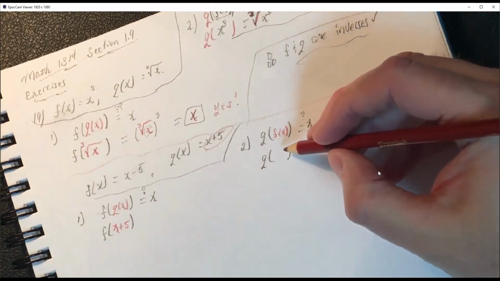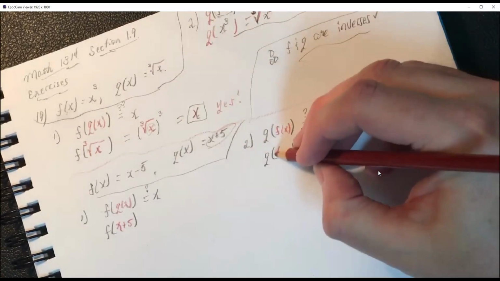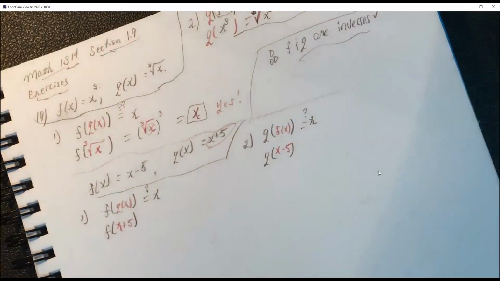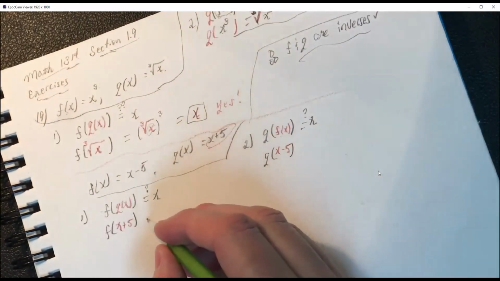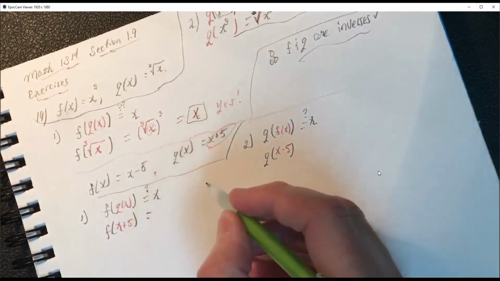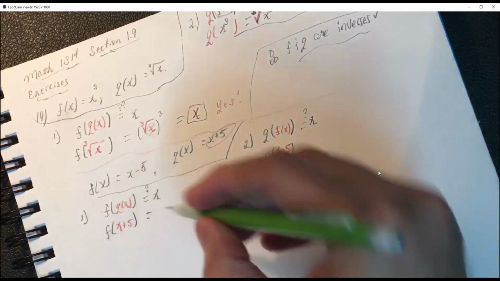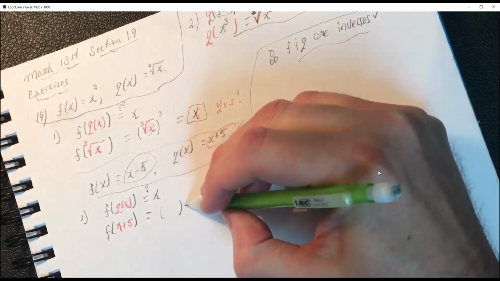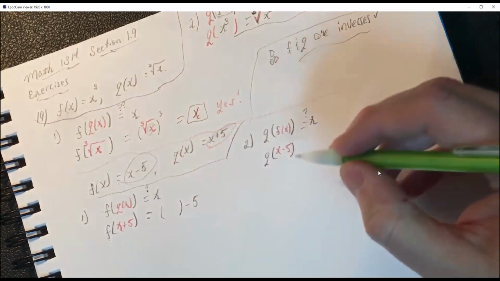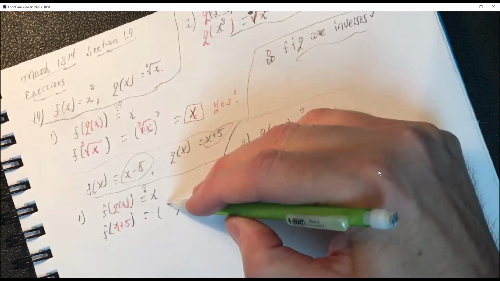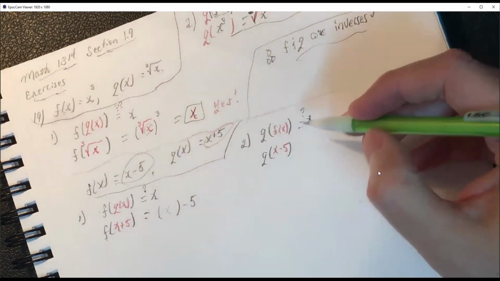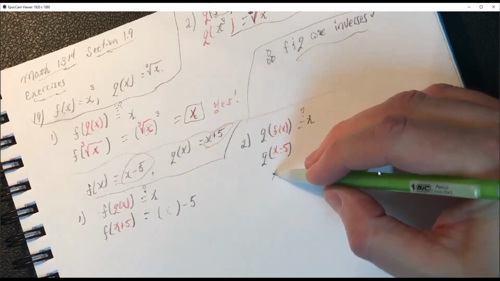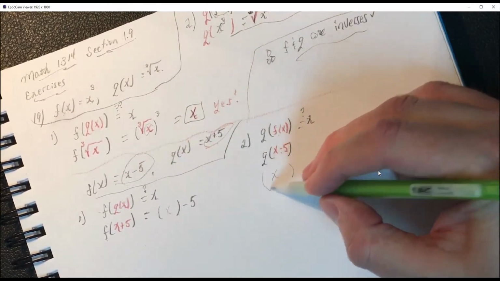And that is x minus 5. So for this one, we write down f of x, which is x minus 5. And for this one, we write down g, which is x plus 5.